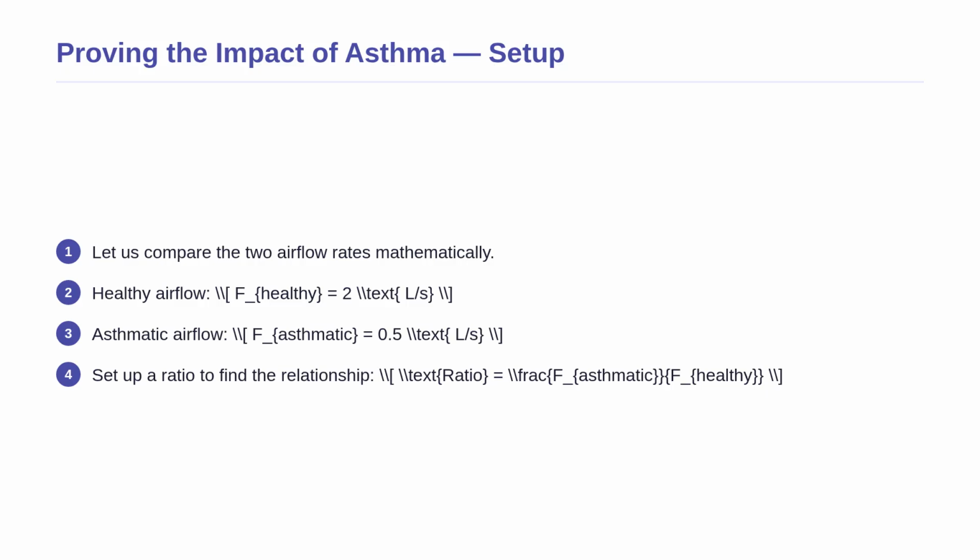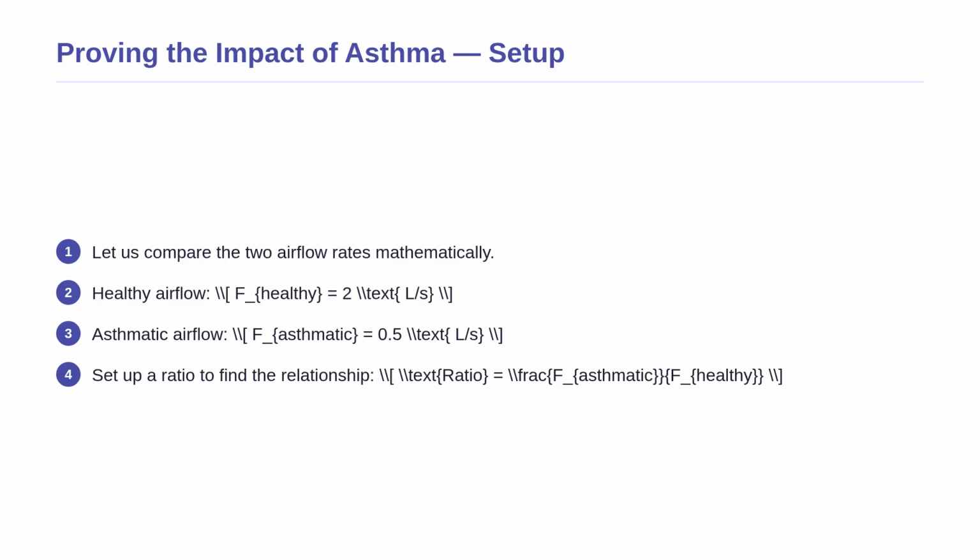So, we have successfully calculated the airflow for both students. This brings us to a formal mathematical proof of how asthma impacts breathing. In this first chunk of the proof, we are setting out to establish the exact proportional relationship between the healthy state and the asthmatic state.